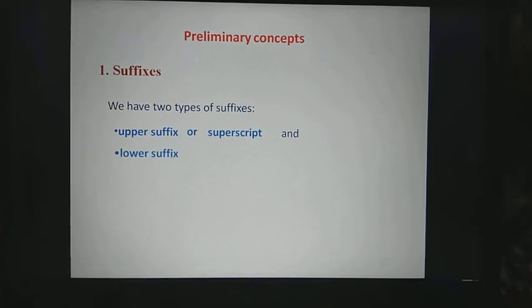There are two types of suffixes, upper suffix or superscript and lower suffix or subscript. We will see which type of suffixes are called upper and lower suffixes by taking an example.